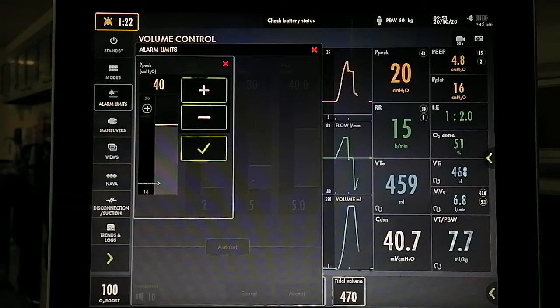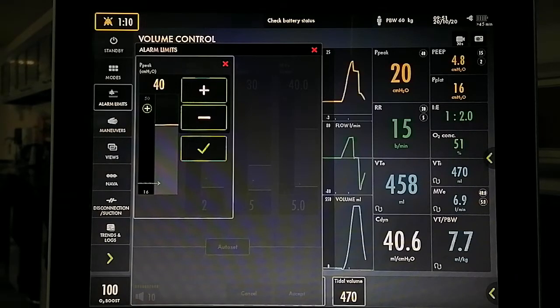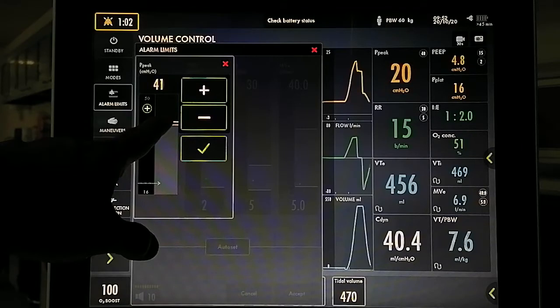With the peak pressure, you can use the guidelines in the introduction to mechanical ventilation manual. Students can refer to the manual when setting the peak pressure alarm.